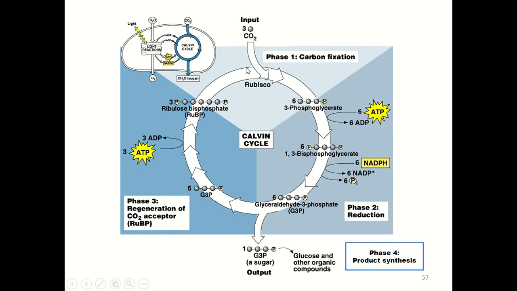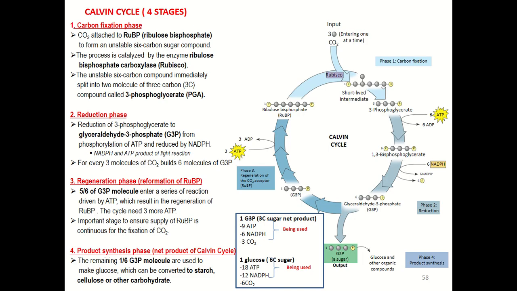So as you can see here, this part is the first phase of the Calvin cycle, the second phase of the Calvin cycle, reduction, the third phase of the Calvin cycle, regeneration of carbon dioxide acceptor, which is referred to as RuBP, ribulose biphosphate, and the fourth phase is the product synthesis. So let's look at the process that occurs inside the Calvin cycle.